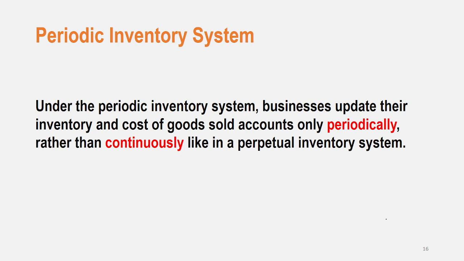Under the periodic inventory system, the cost of goods sold is calculated periodically, usually at the end of the accounting period, based on the opening inventory balance, purchases made during the period, and ending inventory value derived from the physical count.